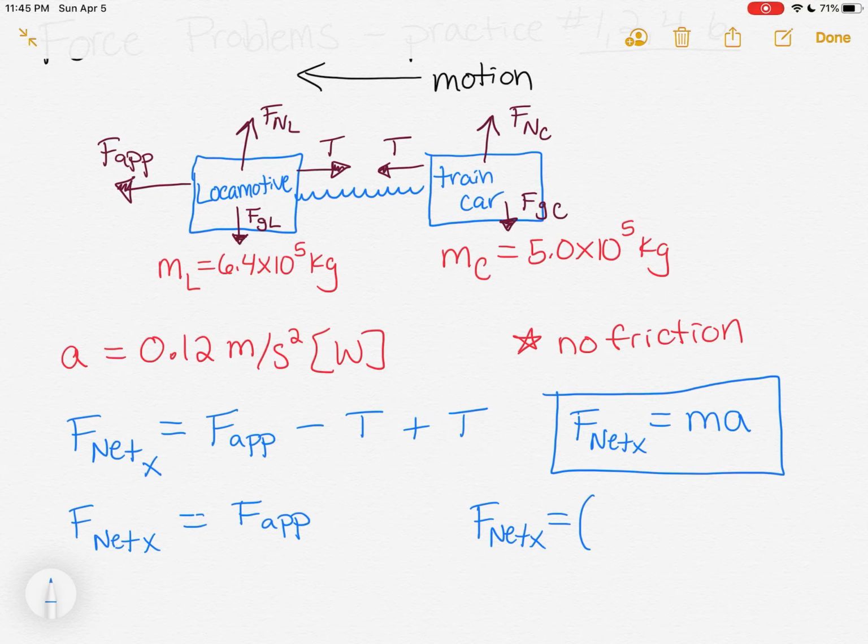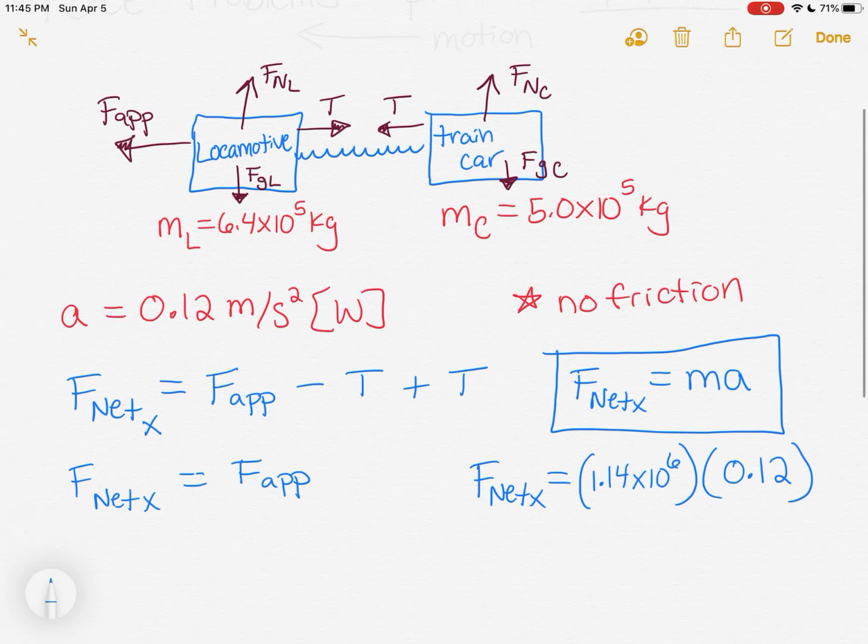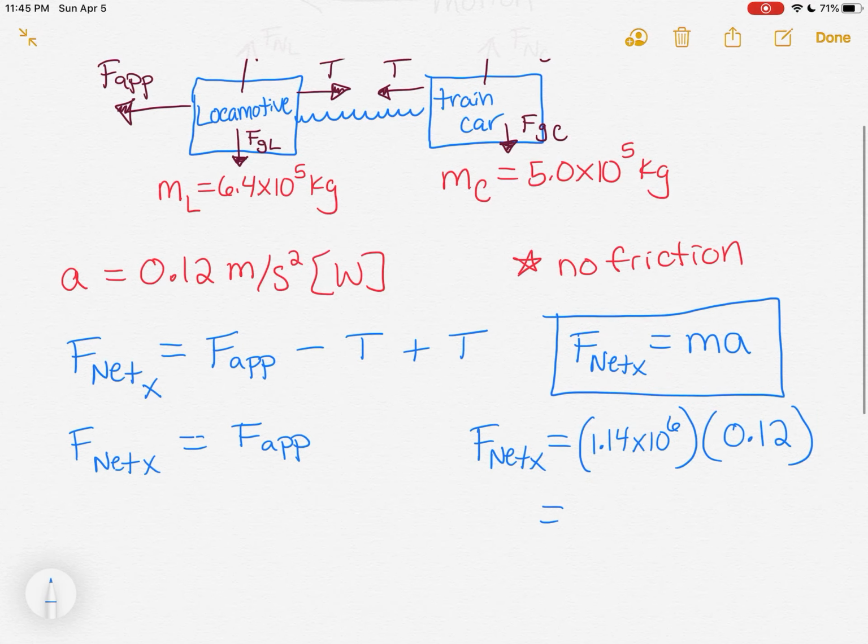I get a total mass of 1.14 times 10 to the 6 kilograms. My acceleration was 0.12 meters per second squared to the west, so I'm going to multiply those by each other.